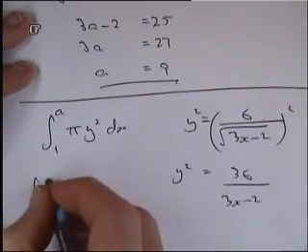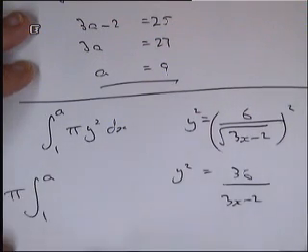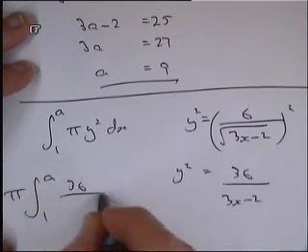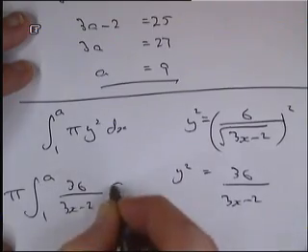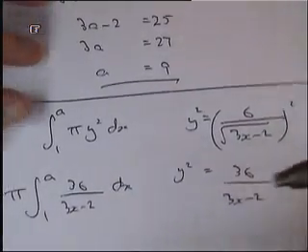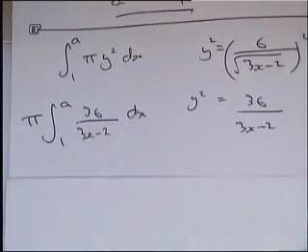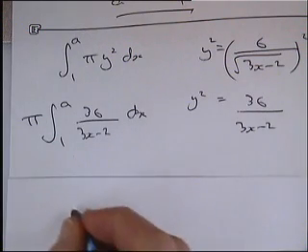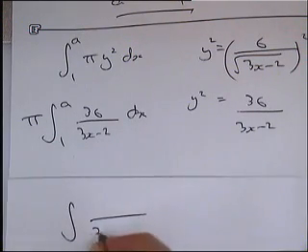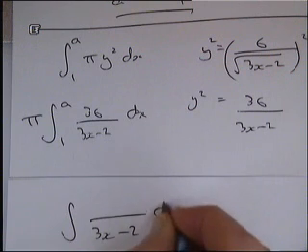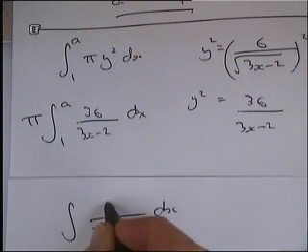So I'm integrating between 1 and a, and I can take my pi outside: 36 over 3x minus 2 with respect to x. If you're integrating a fraction, one thing I always suggest is to look at whether the top of the fraction is the derivative of the bottom. Well, not quite. But the bottom of my fraction is 3x minus 2, and the derivative of that is 3.